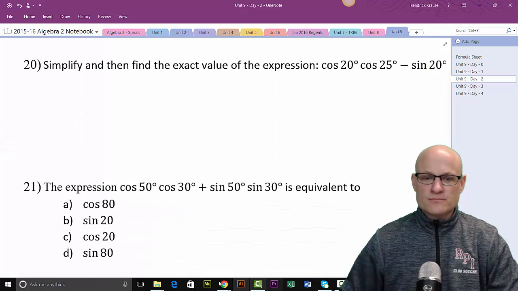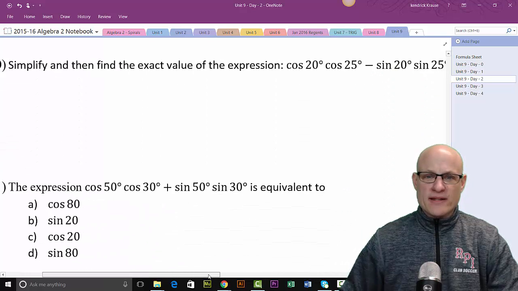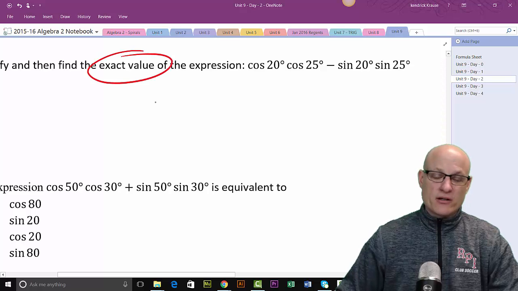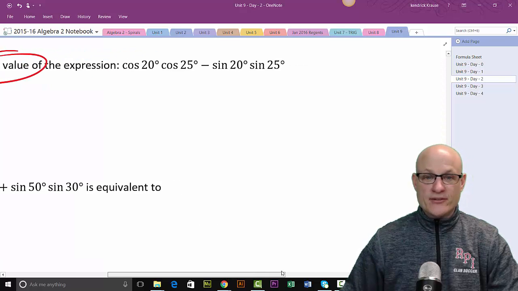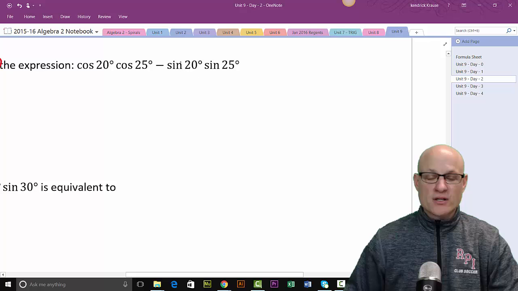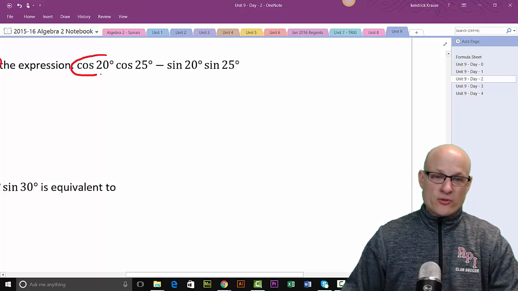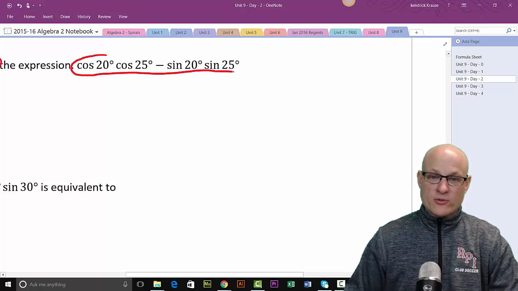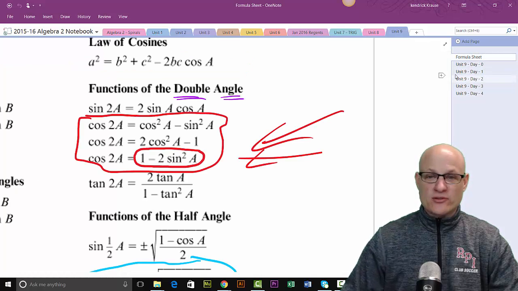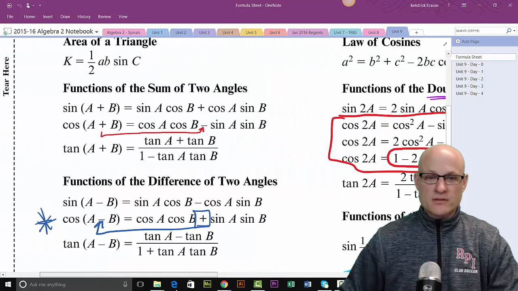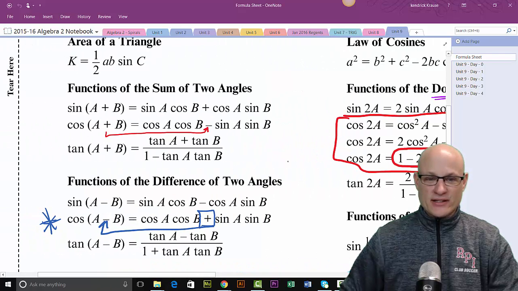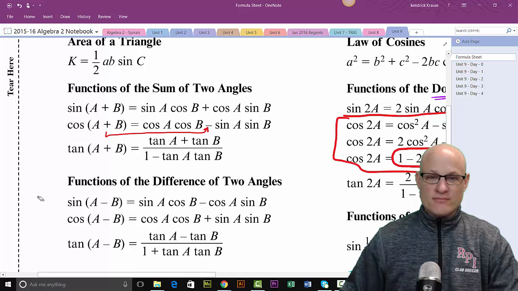So simplify, then find the exact value of this, don't use your calculator. Well, I don't know what cosine of 20 is. I don't know what the cosine of 25 is, or the sine of 20. But that looks familiar. Actually it looks like this formula right here, doesn't it?